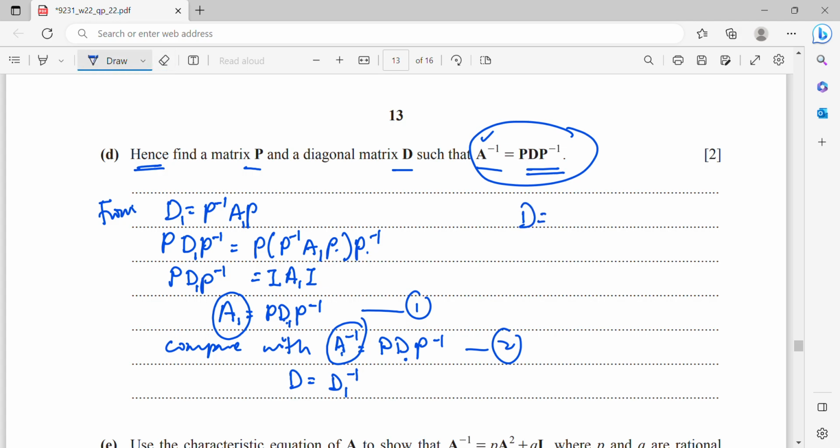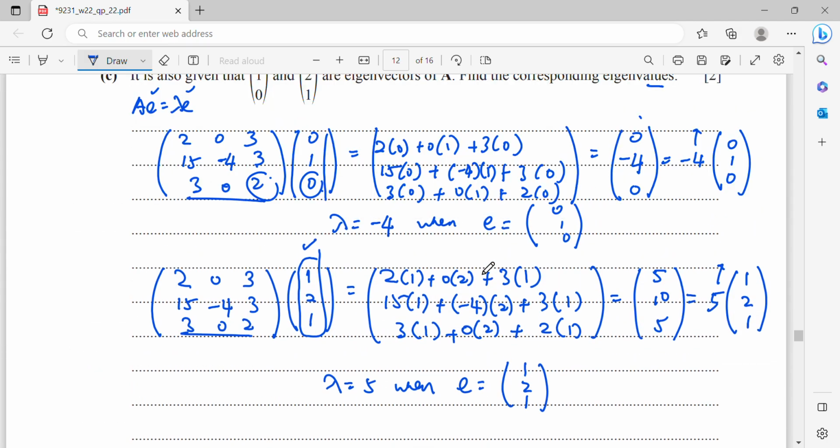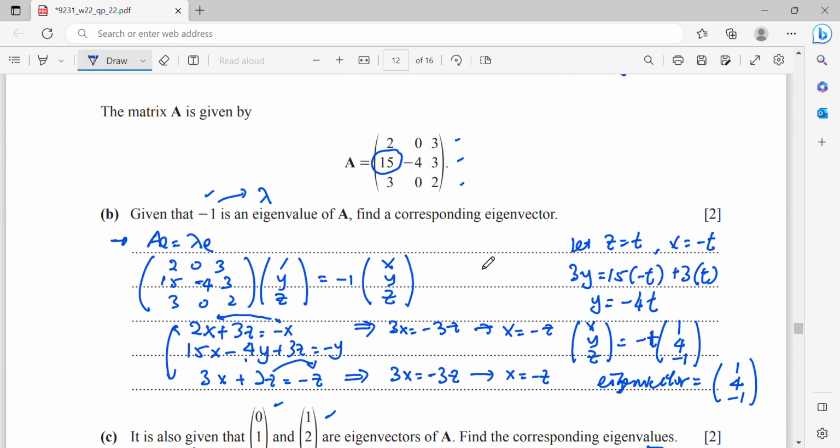The D in the equation will be the diagonal matrix that consists of the eigenvalues, but provided it will be the inverse of the original eigenvalues. So now, by referring to the previous, first of all, eigenvalue number 1 is -1.